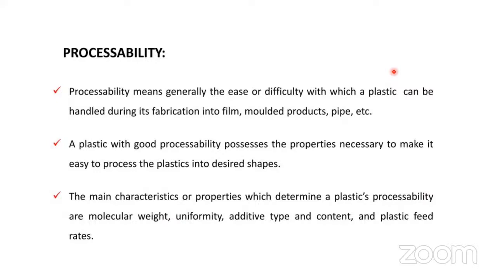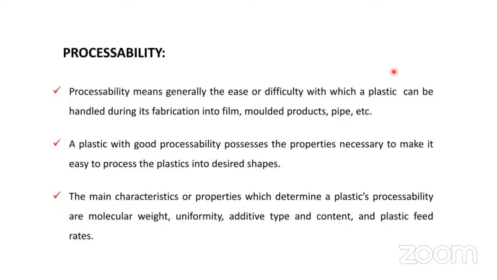Even molded parts, pipe extrusion, right? Therefore, processability is very important. After processing, the material should give you a pipe, right? The material should be able to process for the pipe, for injection articles like that only. Therefore, we have to create the material property to achieve our final product.